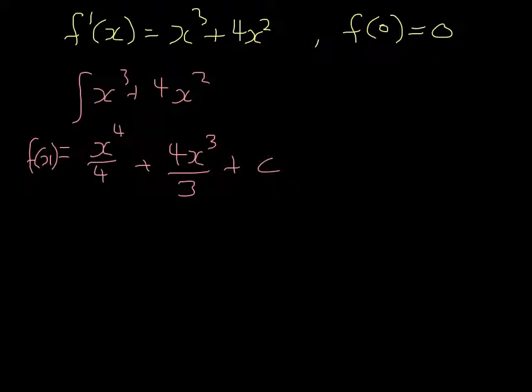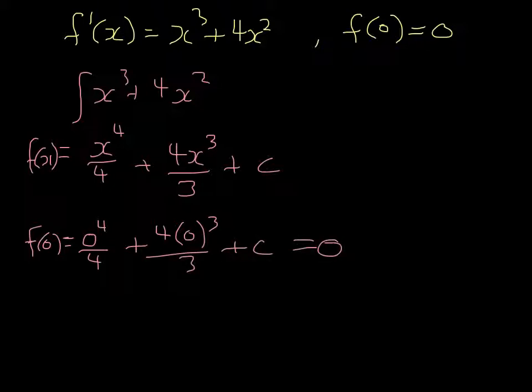But we're told that when x is equal to 0, that the function is equal to 0. So that will tell us that if we have the function of 0, it will equal 0 to the power of 4 over 4 plus 4 times 0 cubed over 3 plus c, which will be equal to 0.